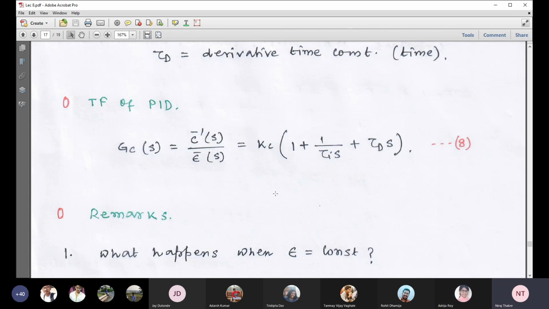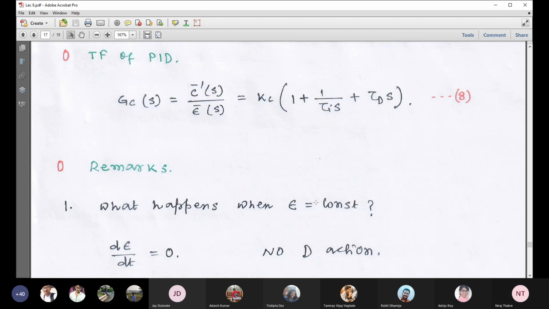So when this error term becomes constant, there is no response we get from derivative action. So this is our first remark.